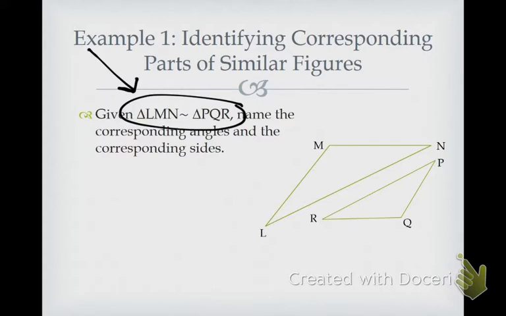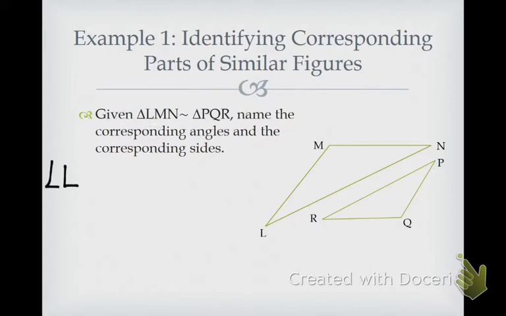It's always going to be listed in your directions or in the question itself. So for the sequence, I see triangle LMN is similar, here's my similar symbol, to triangle PQR. All right? So I go by the order of the sequence.